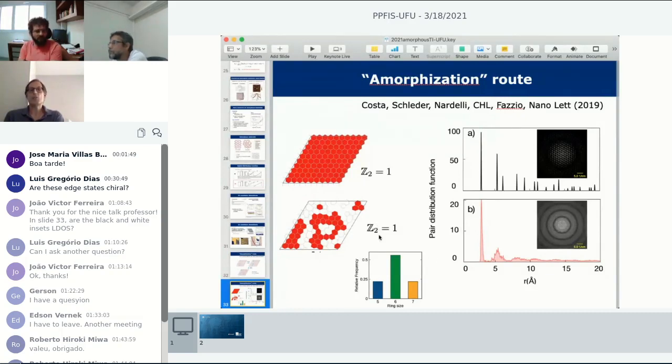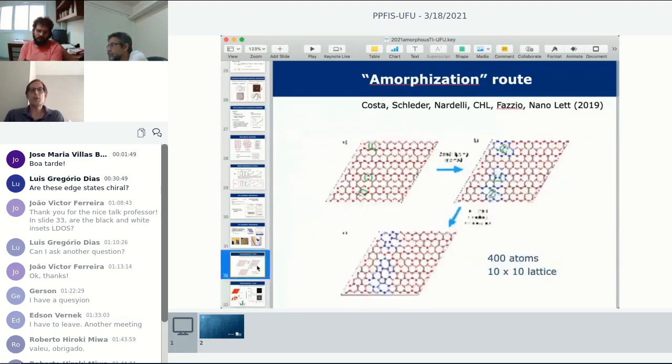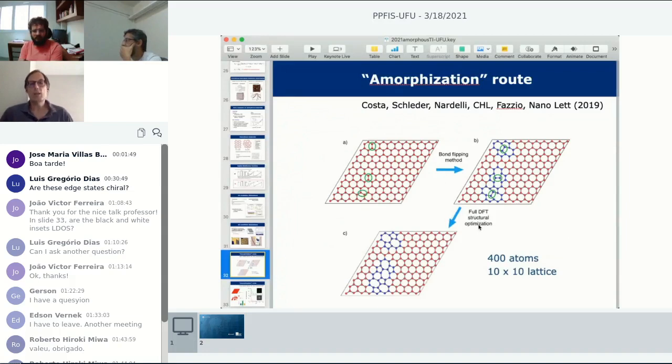And the Z2 is preserved, and I already told you that we do it in a supercell. And this is the distribution of the ring sizes, okay? So you still have lots of hexagons, but then you have pentagons and heptagons. Back then, you keep with these amorphization steps. You go along. It was very expensive. At some point, we thought, well, we have enough, the system is already amorphous, and we stopped the procedure.